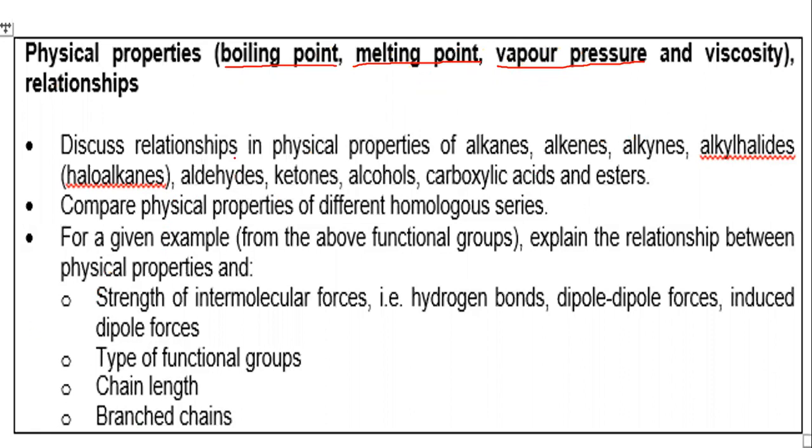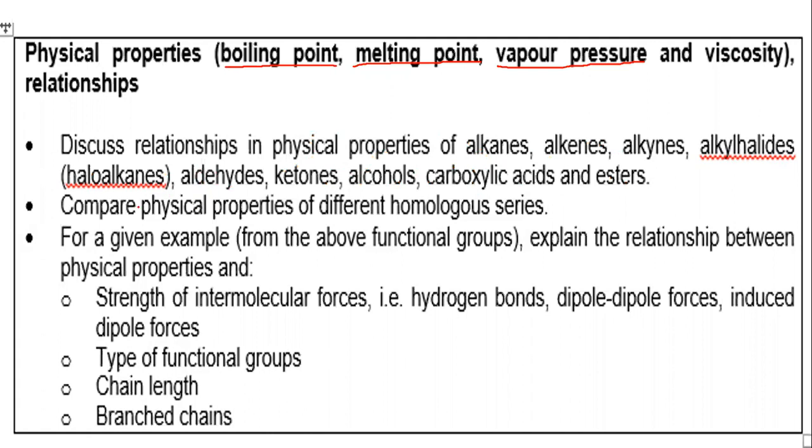Then under this section, we must be able to discuss relationships in physical properties of alkanes, alkenes, alkynes, alkyl halides, which is also what we call haloalkanes, aldehydes, ketones, alcohols, carboxylic acids, and esters. So we are going to learn the physical properties of all these homologous series.